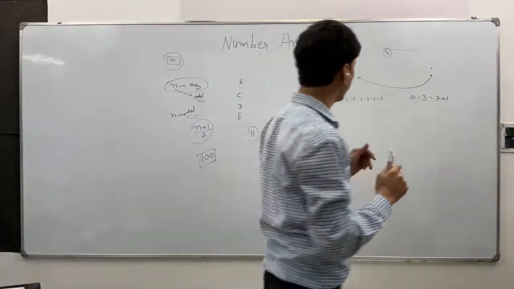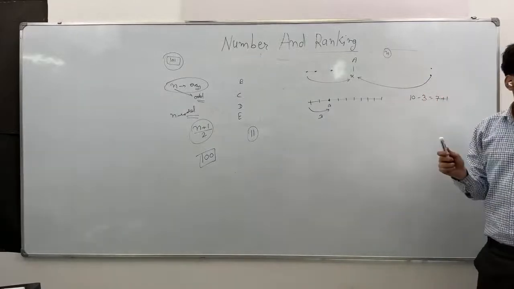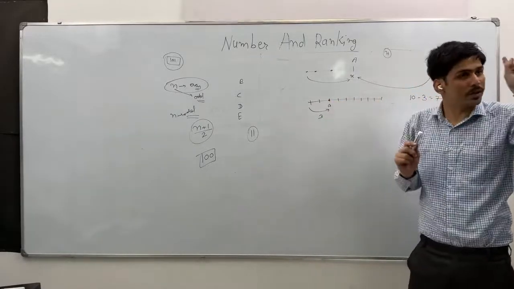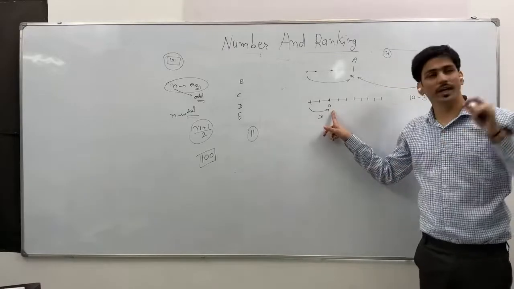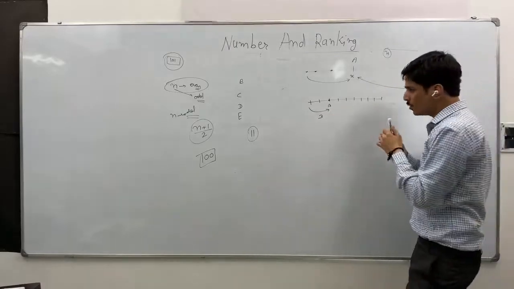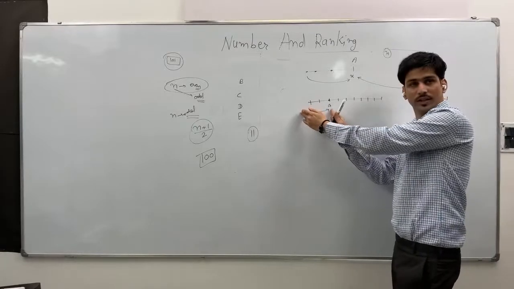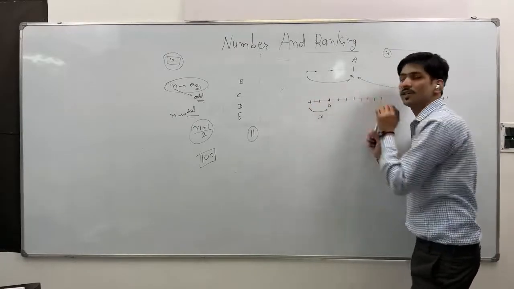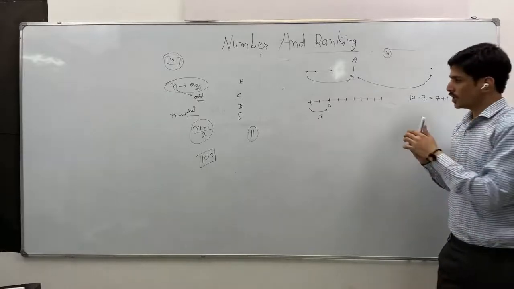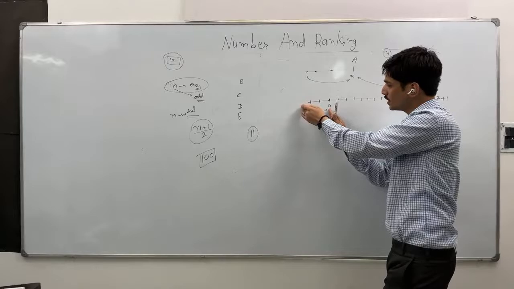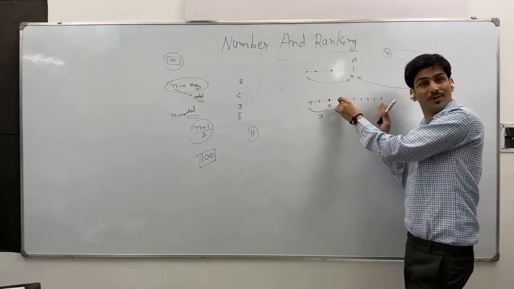You see, if I am subtracting 10 minus 3, then I am counting his rank twice. One person can take only one position. Out of 10, if I am subtracting 3, then I am including this person also, and I am reaching up to here only.